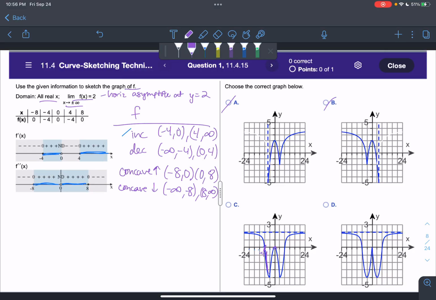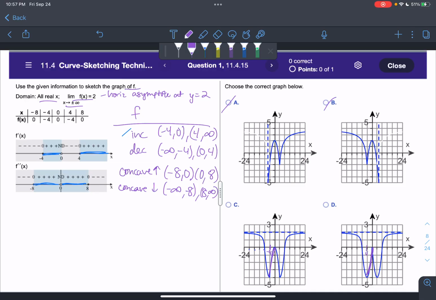Oh wait, hold on a second. I think I maybe miscounted. So there's 1, 2, 3, 4, 5, 6. Yeah, so this is -4. Sorry about that. So yeah, we are increasing. That's good. How about over here? This is 4. This is also increasing.